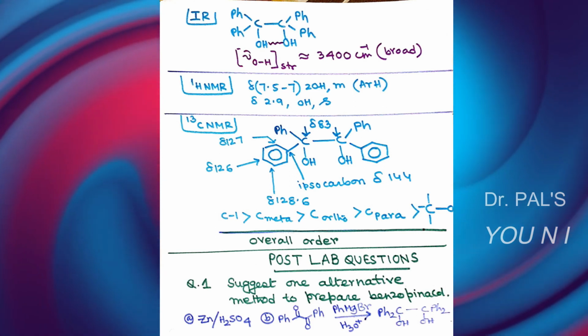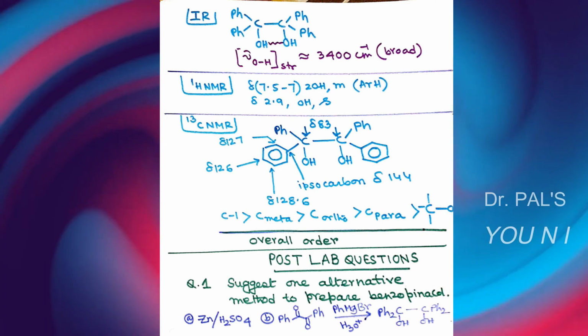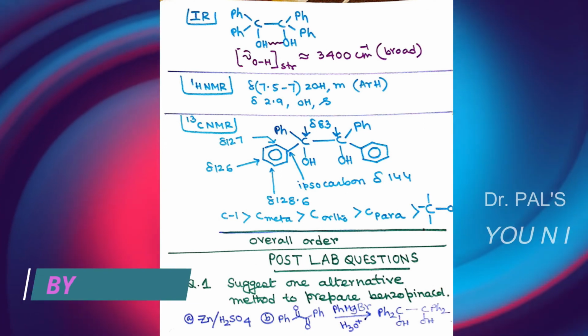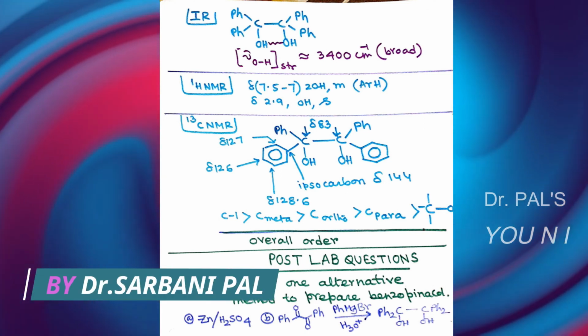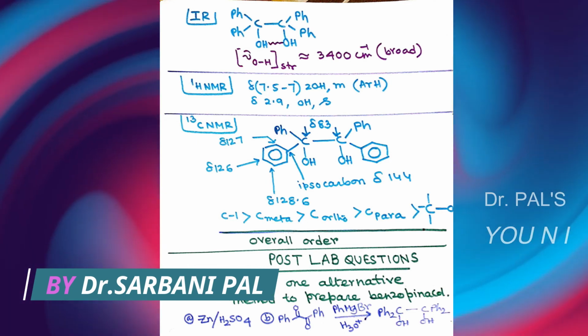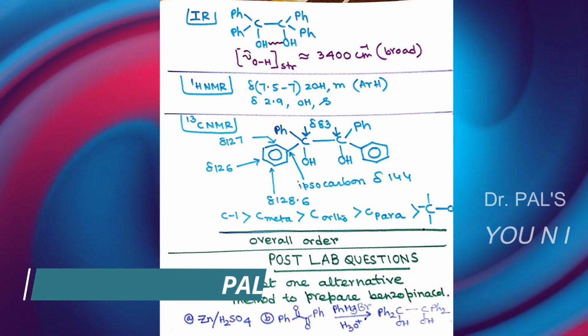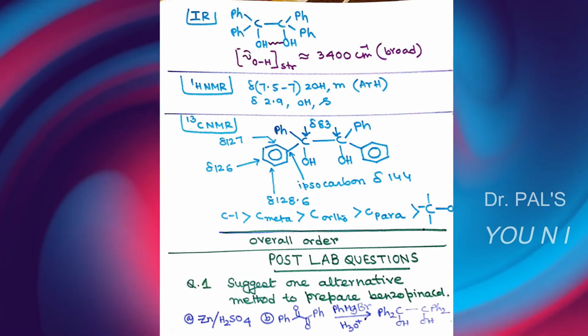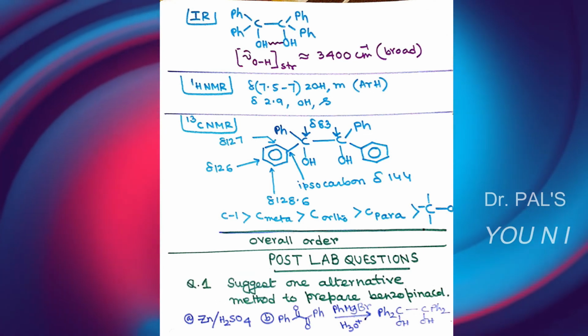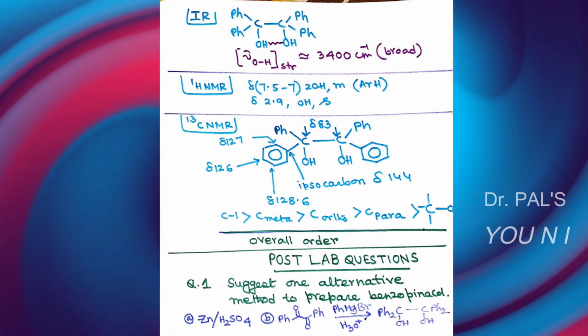Now coming to the C13 NMR of this compound, here also 5 signals will come in the C13 NMR of benzopinacol. The highest value, of course, goes to the ipso carbon, and this group is an electron donating group.